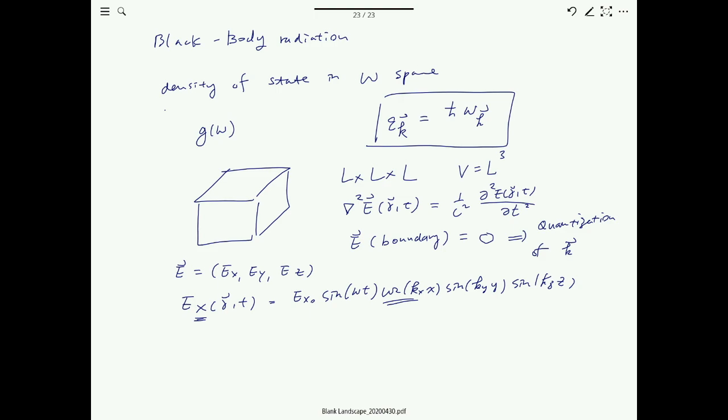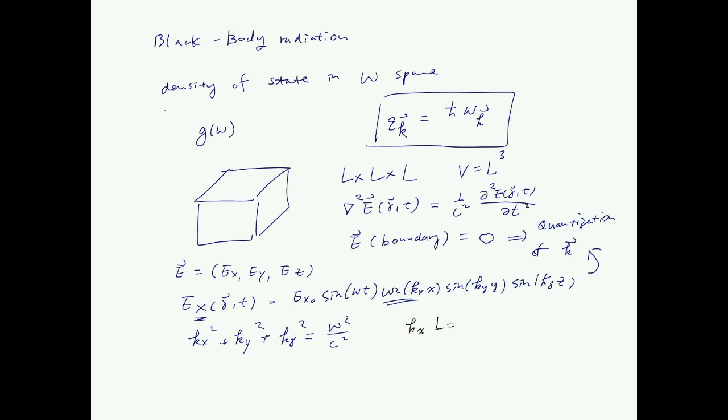If you plug this into the equation, and similarly for the other components, basically what you'll find is kx squared plus ky squared plus kz squared is omega squared divided by c squared. On the other hand, kx L should be some integer multiplied by pi.